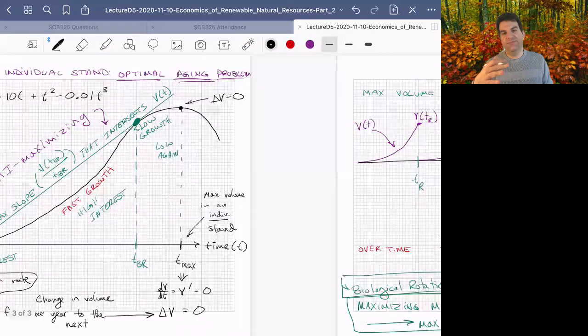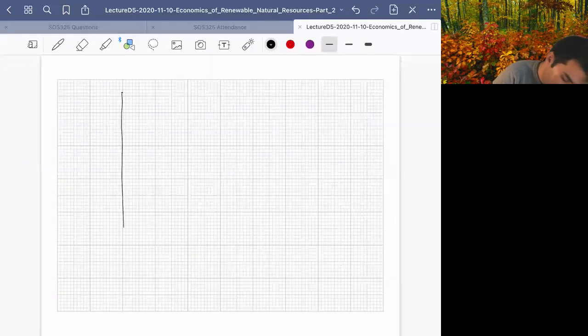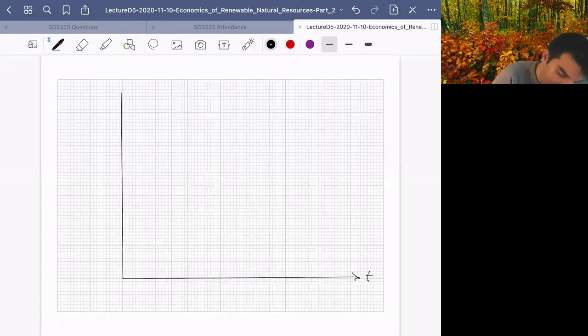So what I could do is actually plot those things. And so I could plot over here. Let's see if I can get this right. So I would plot here, this is going to be volume per year.